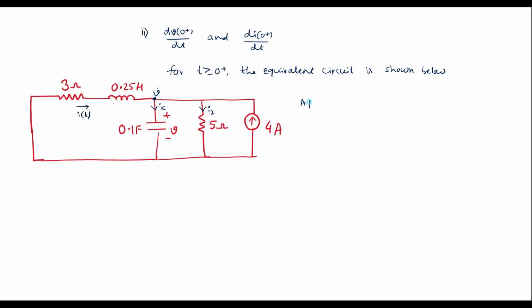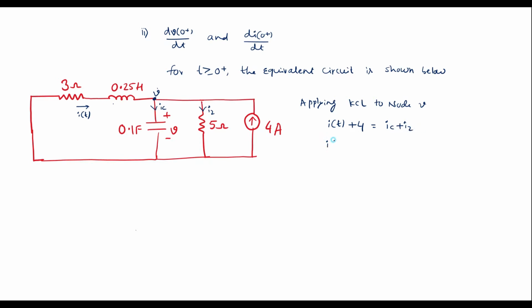Therefore, applying KCL to the node, we can say that I of t is incoming plus 4 is incoming, equal to IC is outgoing plus I2 is outgoing.